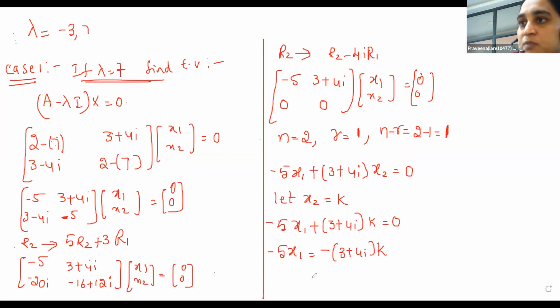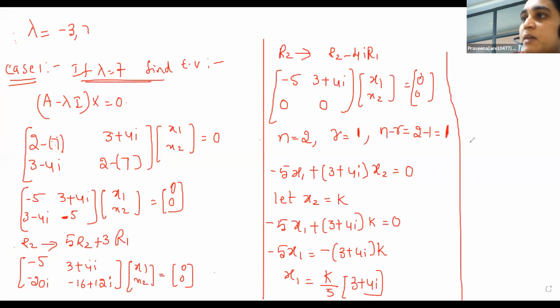Then what is x1 here? Minus minus cancel on both sides. That is k by 5 into 3 plus 4i. This is x1. Therefore the eigenvector, if lambda is equal to 7, then x1 x2 is k by 5 into 3 plus 4i and x2 as k.